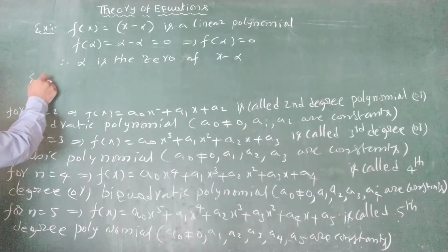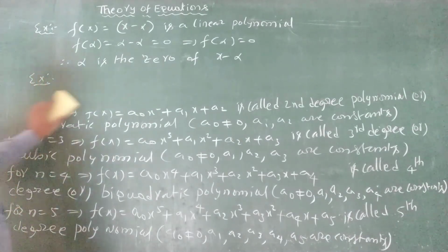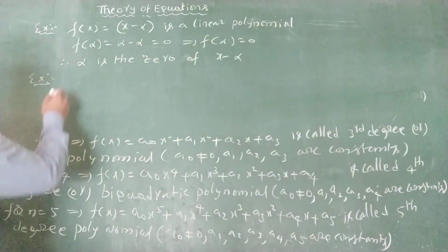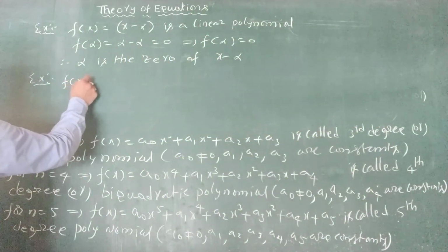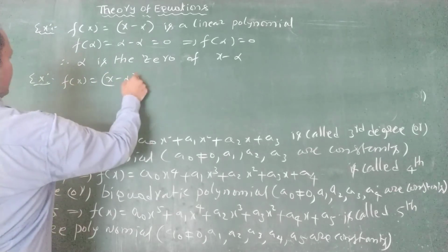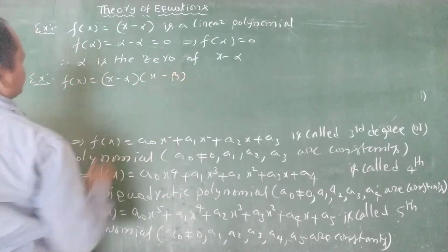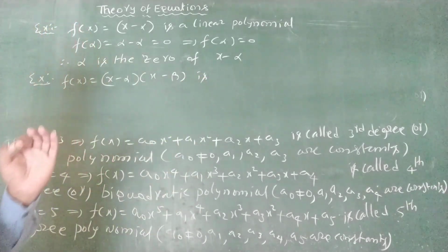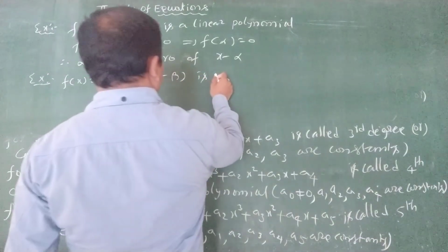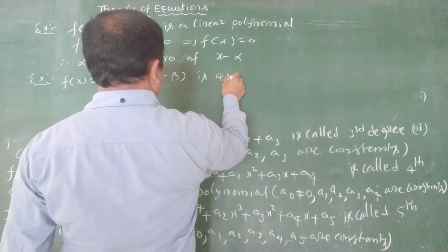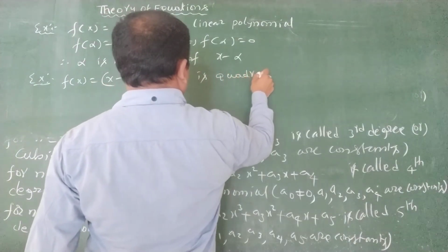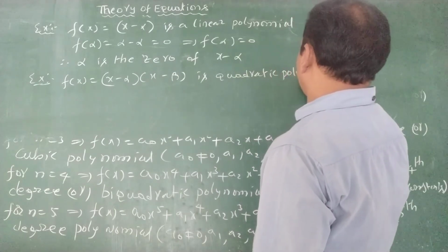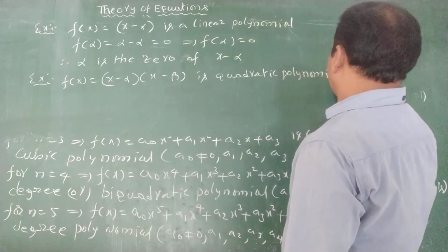Now example 2. f of x is equal to x minus alpha into x minus beta, which is a quadratic polynomial.